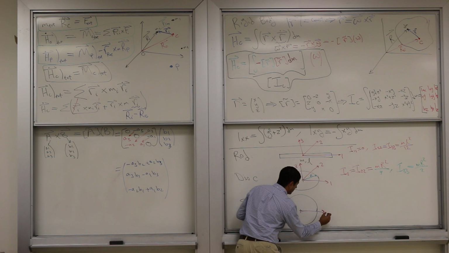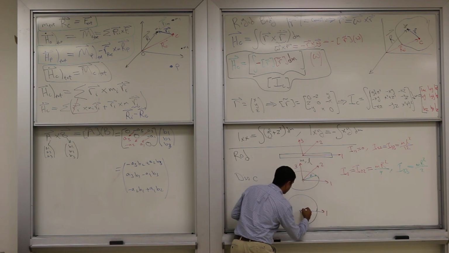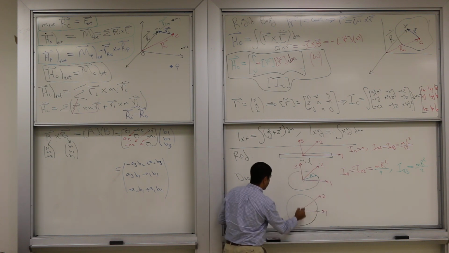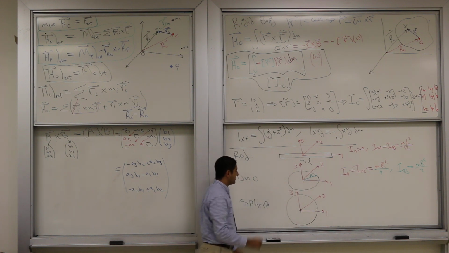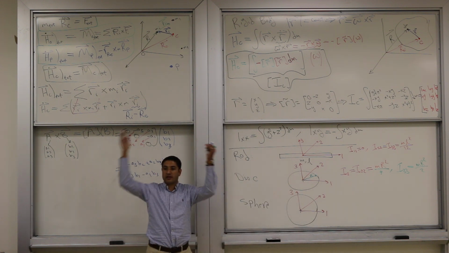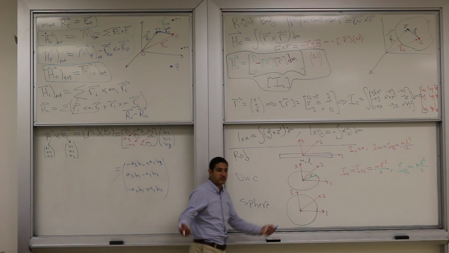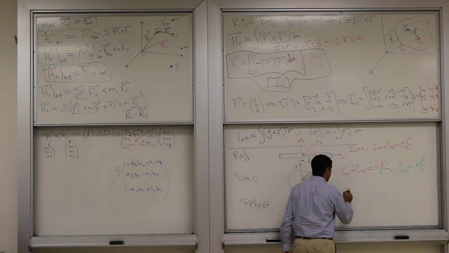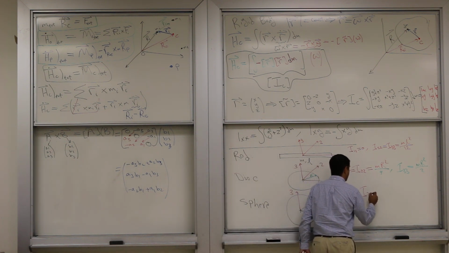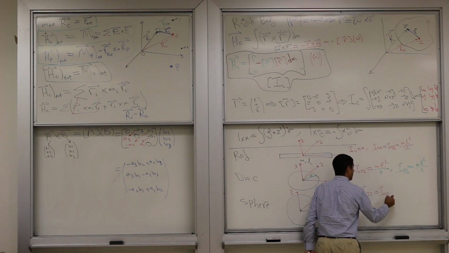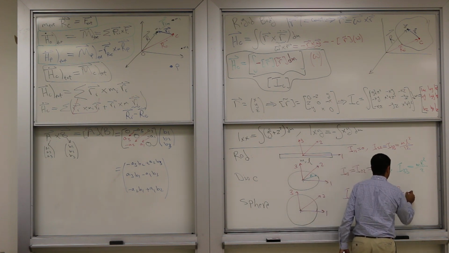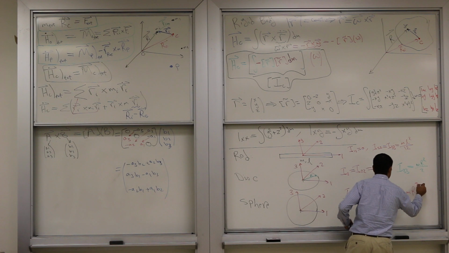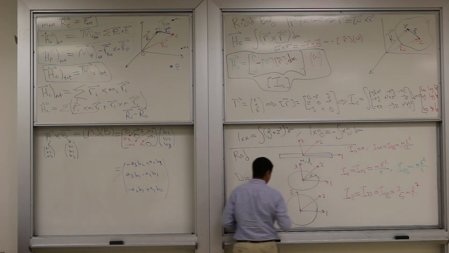So this is probably 1, 2 is in the plane, and 3 vertical. And in the sphere, every direction is the same, right? So no preference at all for 1 or 2 or 3. So for sure they have to be equal: 2 over 5 mr squared. Obviously, r is the radius of the sphere.